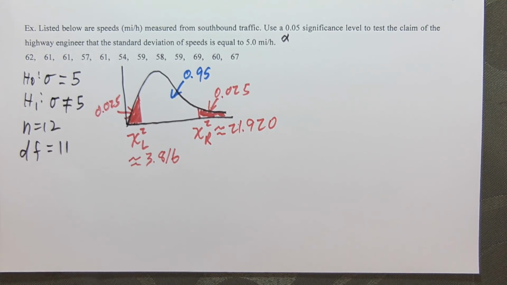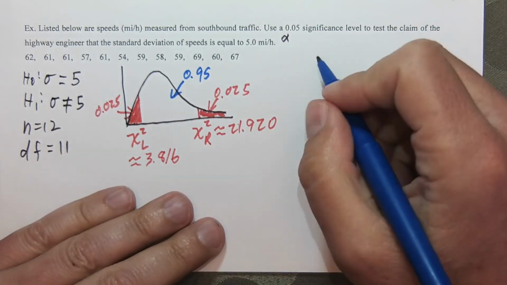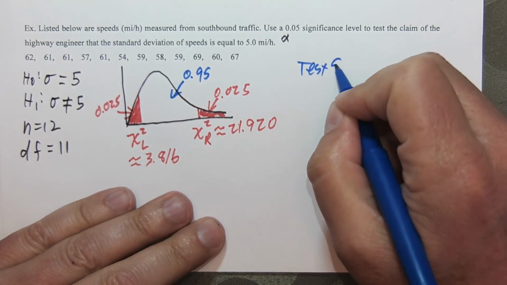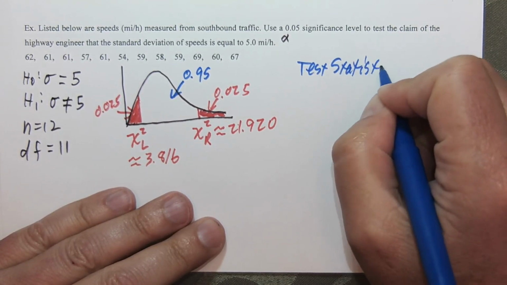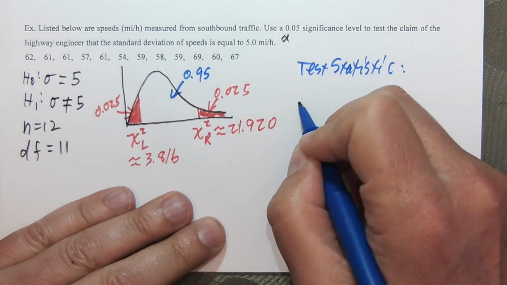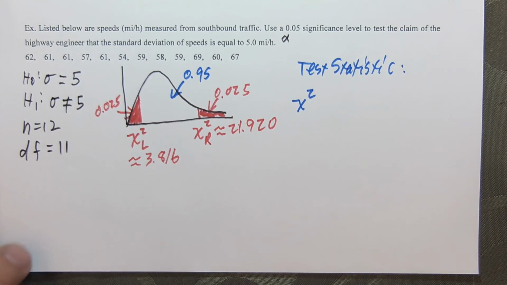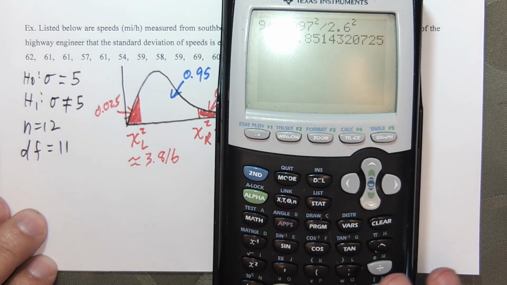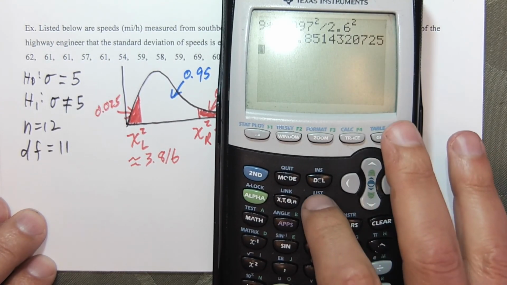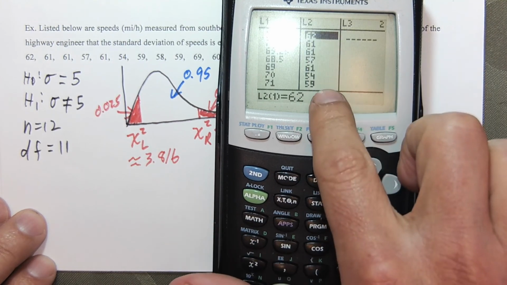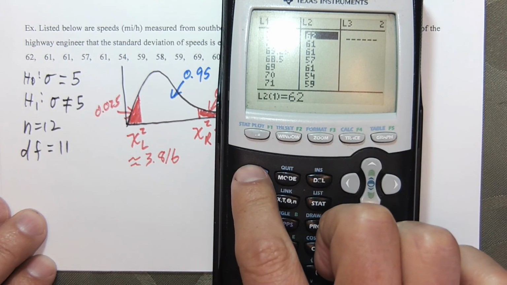So let's get our test statistic. I'm going to use the same one as above, chi-squared, and I need to get the standard deviation. I've already loaded the data into my list 2, so you may need to pause this video to do that.